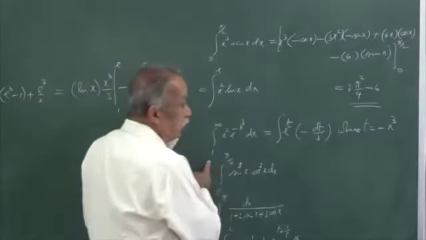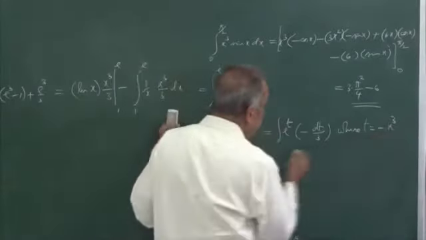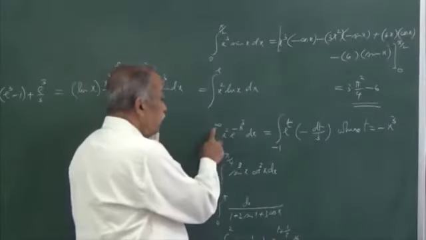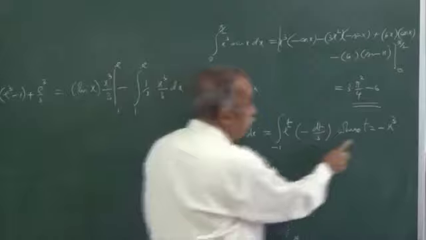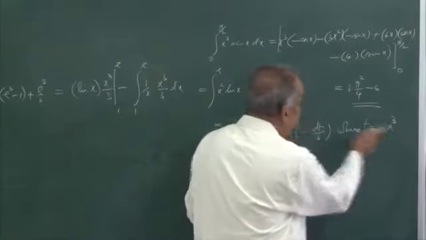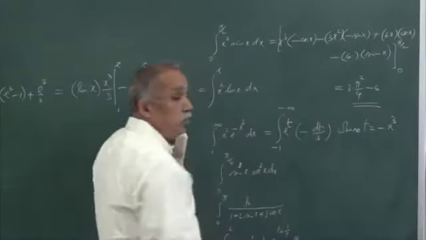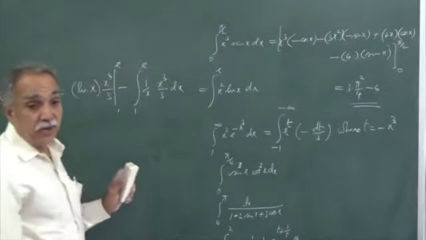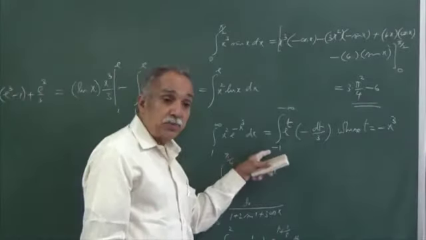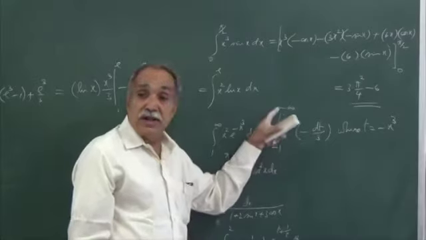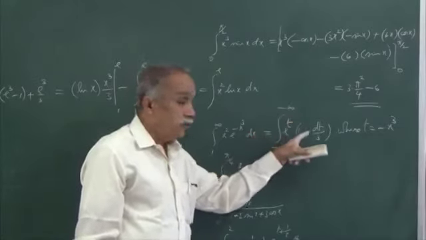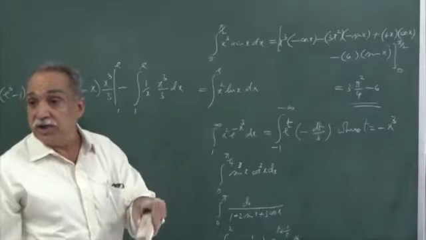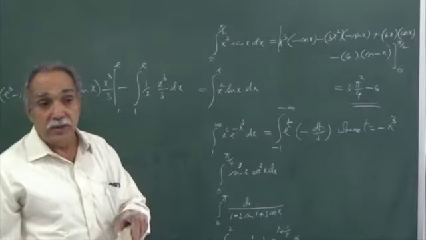At x equal to 1, t value is minus 1, that will be our new lower limit. At x equal to infinity, t value will be minus infinity, and that will be our new upper limit. So this is what we are required to carry out. When you adopt this policy of changing the limits together with the variables, there will be no necessity to get back to the original variable x at the end of the problem.